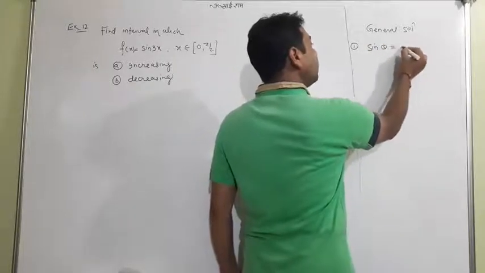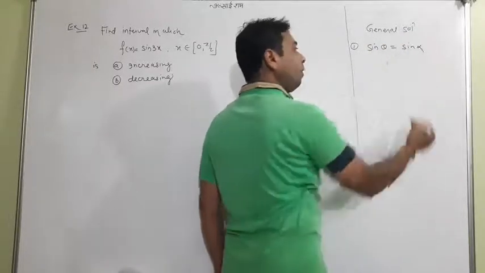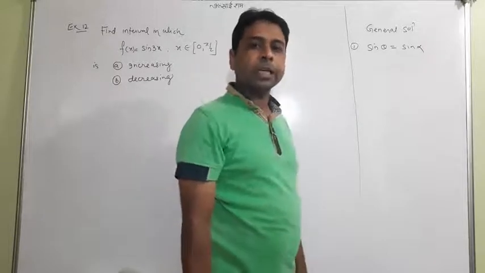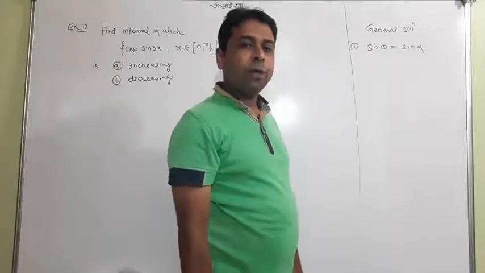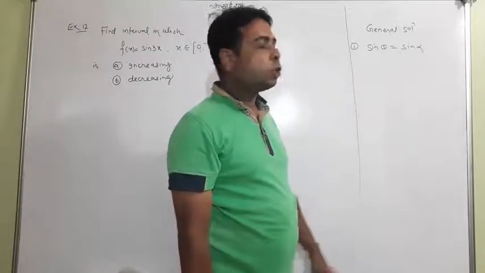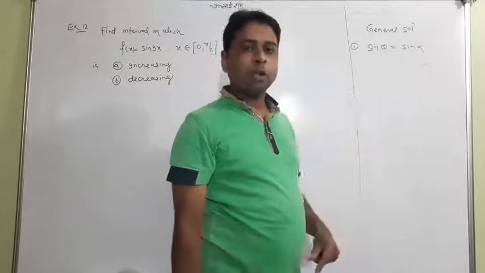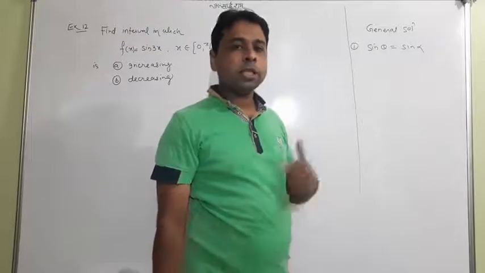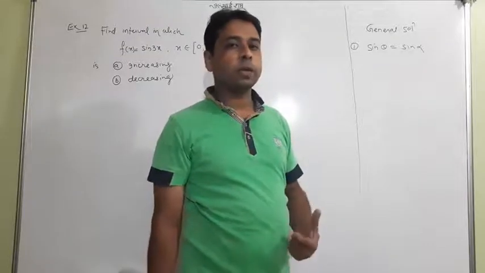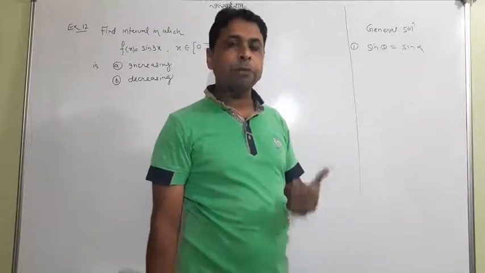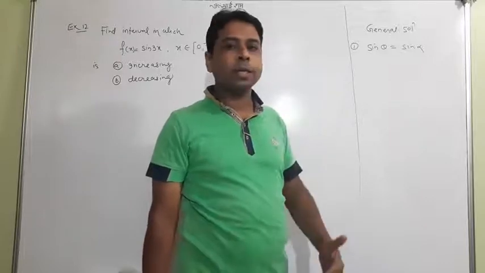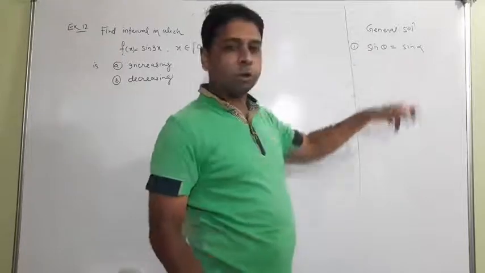Whenever sine theta is equal to sine alpha, if we ask what theta is, one will reply theta is equal to alpha, but that is not a correct answer, because you are giving only one answer. We have to think about the set of answers. That is called the general solution.